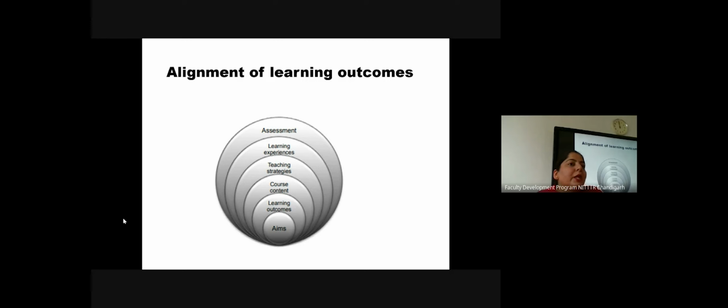Aim means the program outcome. Program outcomes are always defined as per the vision and mission statement of your institute. Once those program outcomes are aligned with the vision and mission statement, there are certain learning outcomes the teacher needs to design as per the course content available.